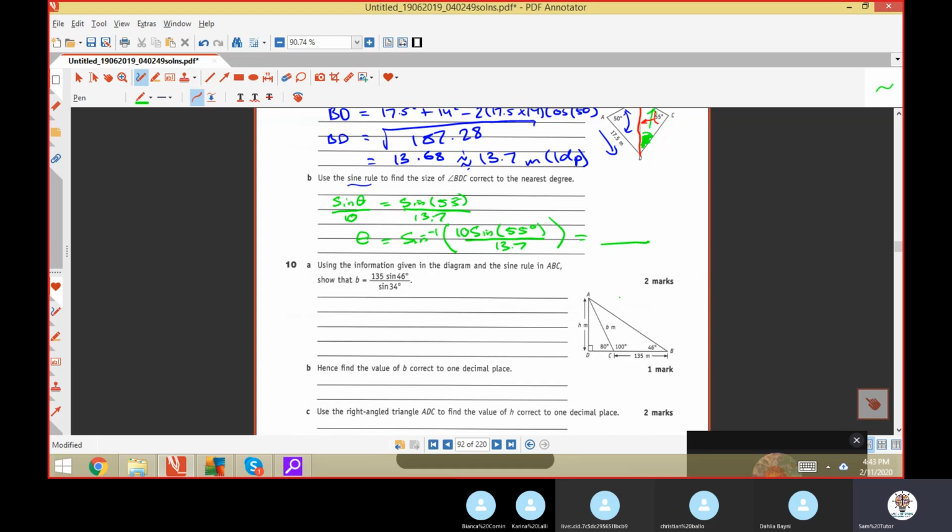Cosine theta is equal to a squared plus b squared minus c squared over 2ab. So 15 squared plus 15 squared minus 6 squared, all over 2 times 15 times 15.